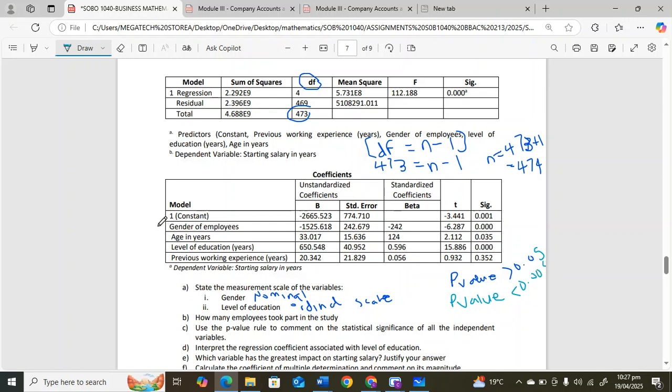So our independent variables: gender, age in years, level of education, and previous working experience. These are the p-values here.